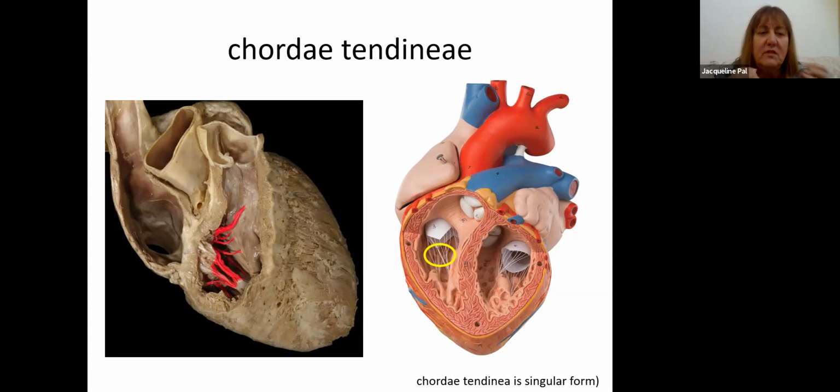These are attached to the tricuspid valve as indicated there, but the mitral valve has chordae tendineae as well. One end is attached to the valve, but the other end is attached to muscle that's in the ventricle. This is not muscle that's just sitting there on the outside wall.